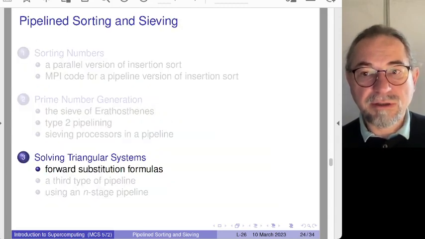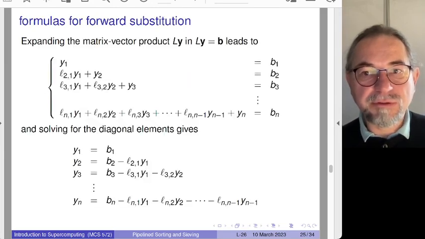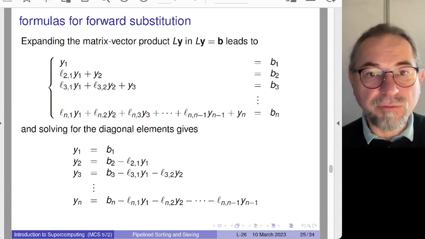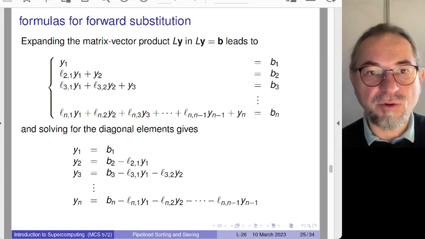Okay, so let's now go through the third example of pipelining. Solving triangular systems. I take the forward substitution. So we have a triangular matrix where the diagonal coefficients are all 1.